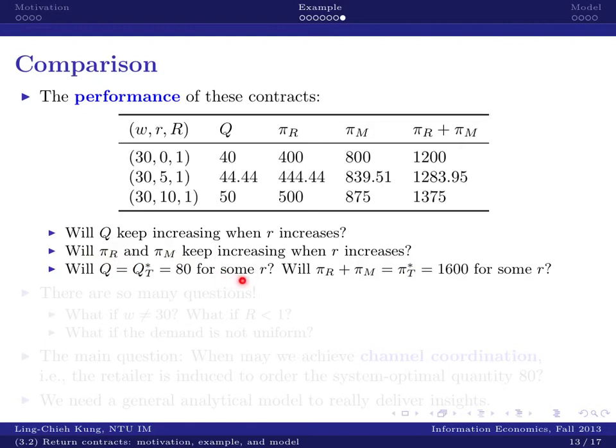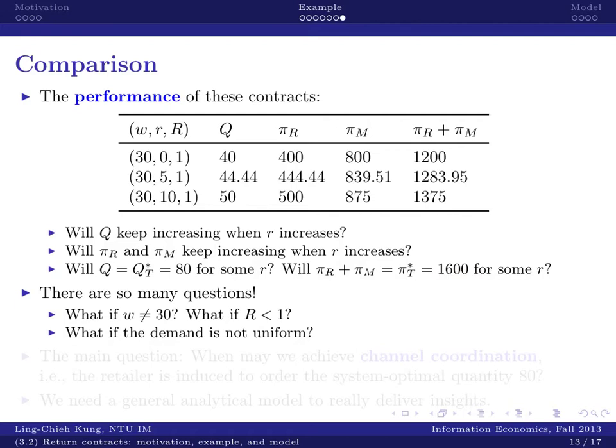And is there any possibility for us to achieve system optimality, to induce the retailer to order as many as the system optimal quantity? And in that case, naturally, we will make their total profits equal to 1,600. And actually, we can have even more questions.